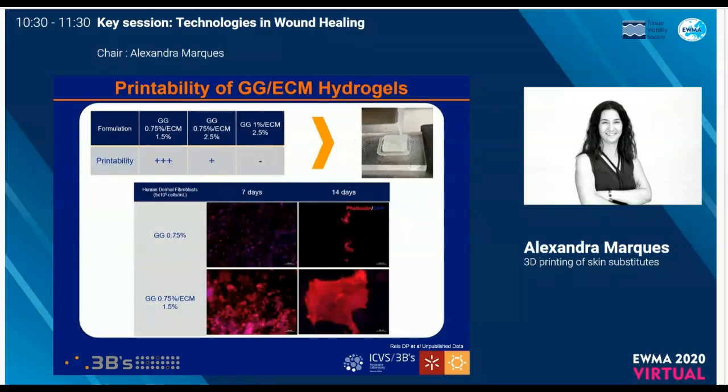We also did some preliminary tests with cells, and you can see that there is in fact an effect. We have cells that are linking to the extracellular matrix components, in opposition to the material without this component, and are able to proliferate.